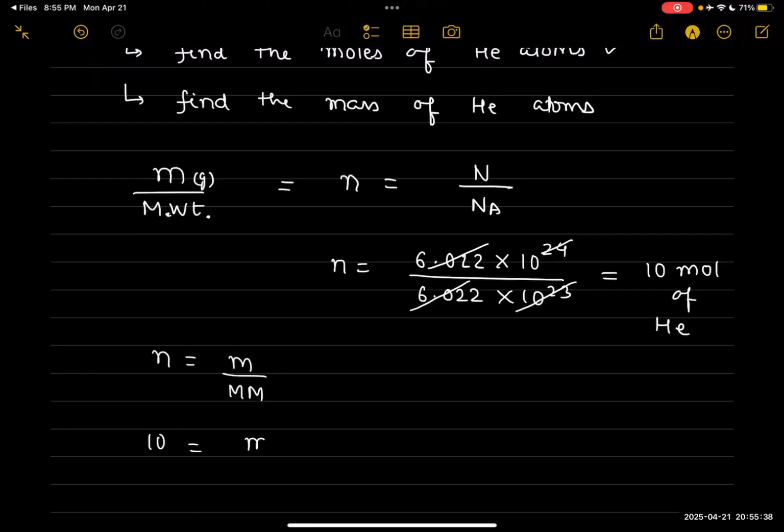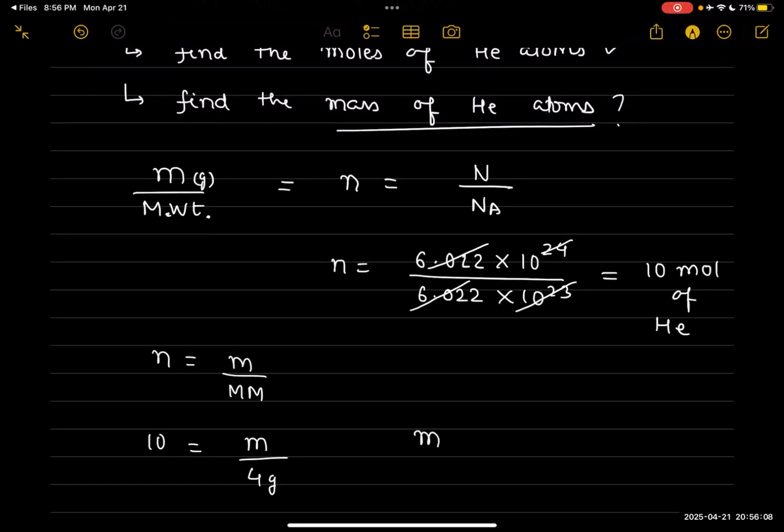And the mass is asked in the question, so we don't know what the mass is. We know the mass of one atom, that is 4 u. What is the molar mass? That is 4 gram. Molar mass is in grams, right?